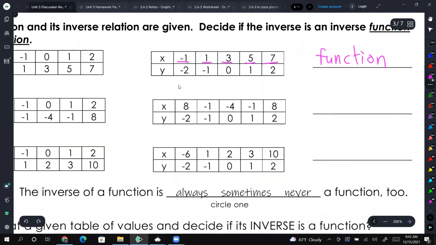Then I look at the next one. Do I have any repeated x values? 8, -1, -4, -1, 8. Oh, I have 8 repeated and -1. So this relation is not a function. It is just a relation.